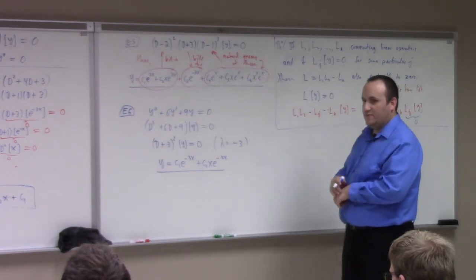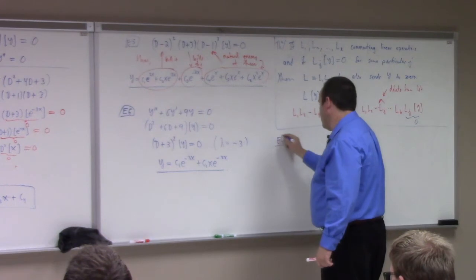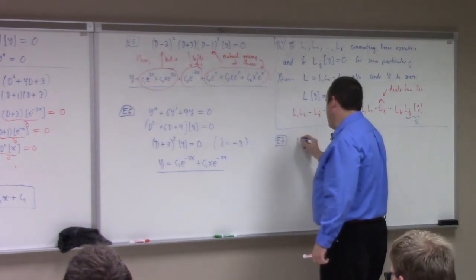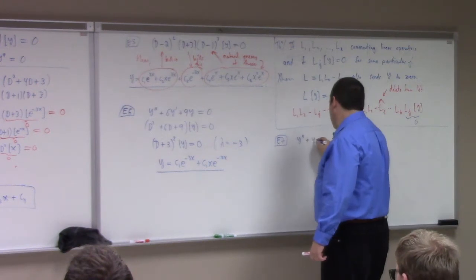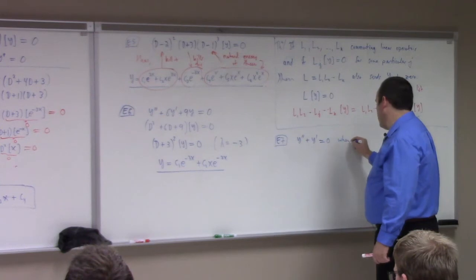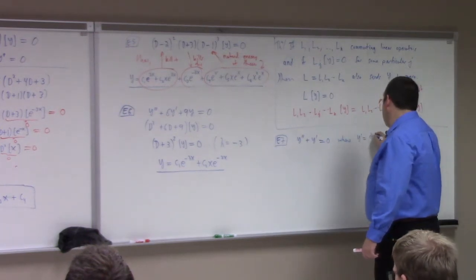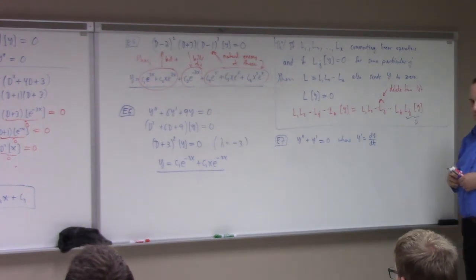Yeah, can I have another example? Sure, why not? I'm feeling magnanimous. Example 7. How about, here, I'll mix it up a little bit. y'' plus y' equals 0, where y' is dy/dt. Uh-oh, it's a trap. Not a significant trap, though.